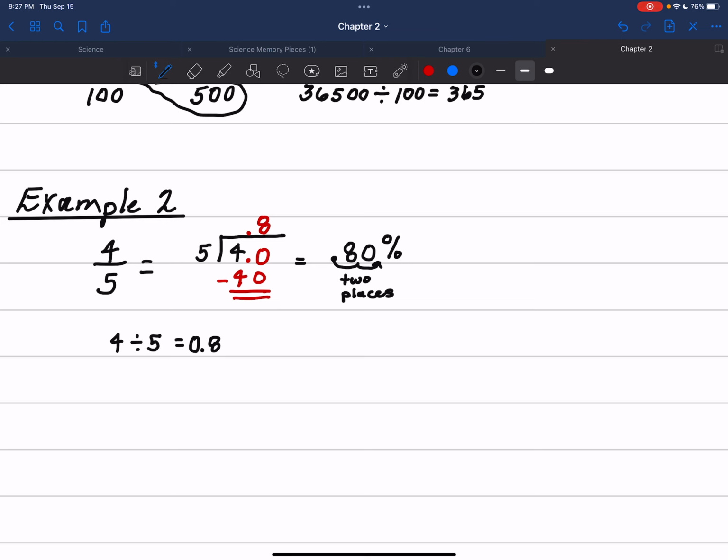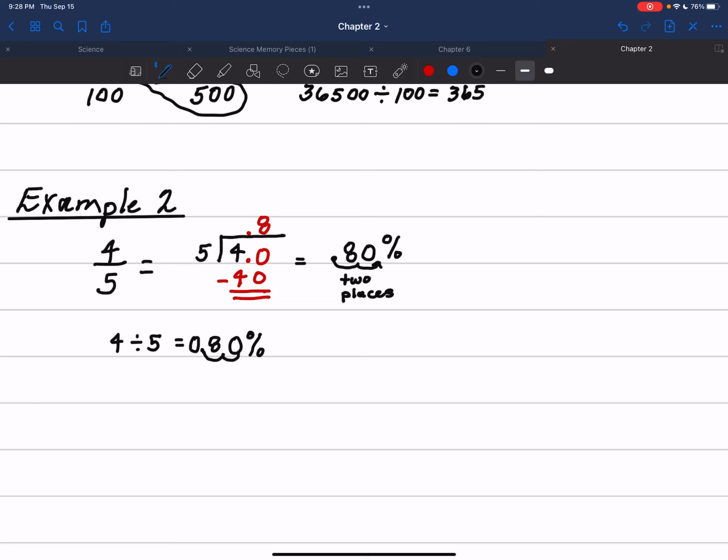That's why I always check myself on the calculator when I've told you it will work that way. So you get 0.8, and then again, you can move the decimal 2 places and add the percent sign. So 80% of the people on that survey said that they can find more of a selection online.